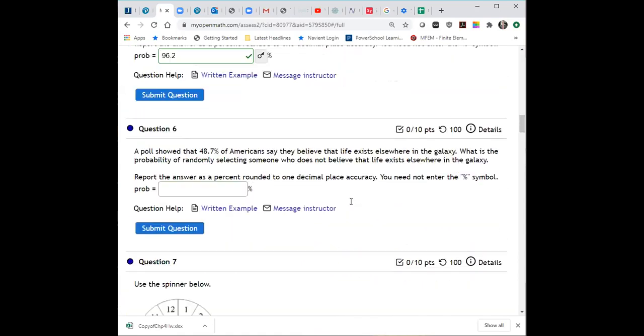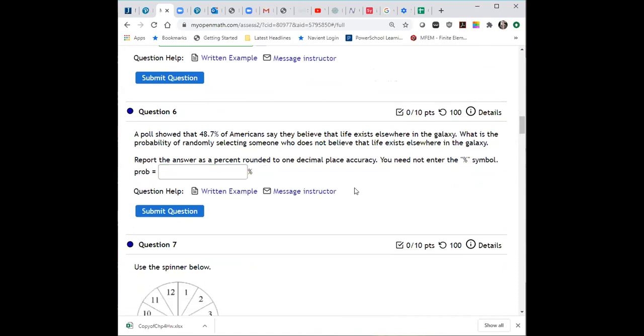Okay, so for the next one, this we call a complementary event. For example, if 40% of the students in the class are female, how many percent of students in the class are male? So you just subtract from 100. So you got 60%. So for this one, if you subtract this from 100, you got this.